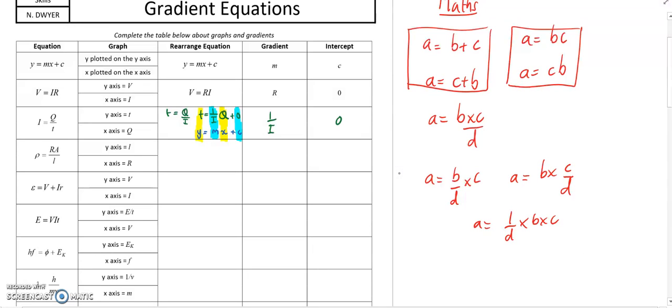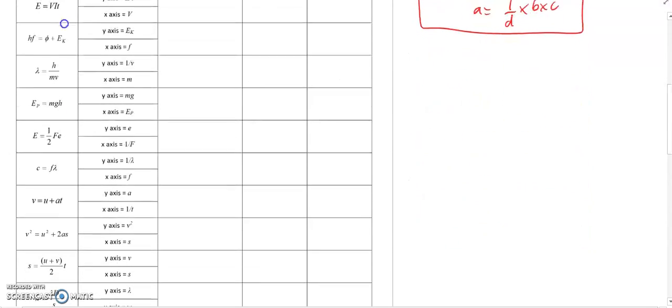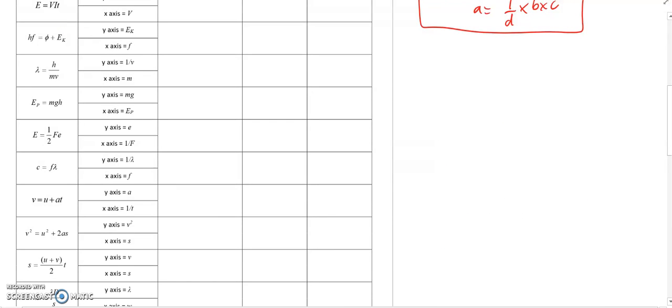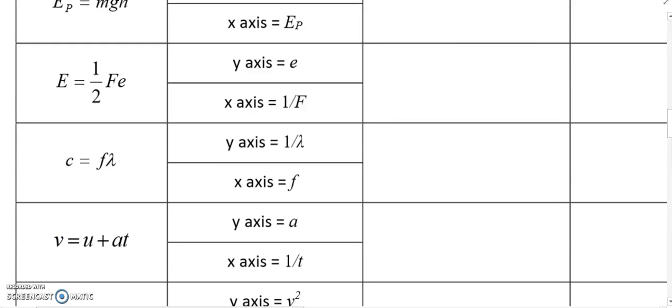Now this helps us in rearranging the equations. There are a couple of other things that we're allowed to do. So let's do one more example. Say we had some experiment where we were measuring the frequency and wavelength of light.